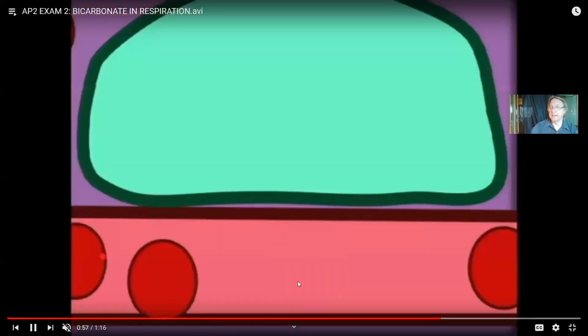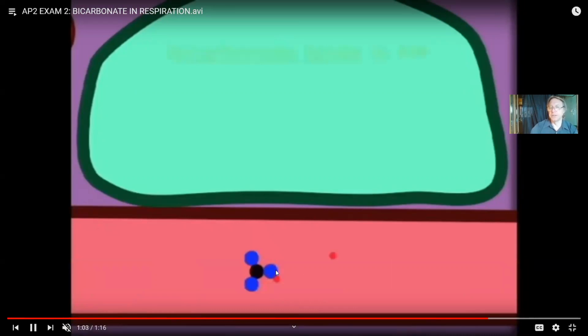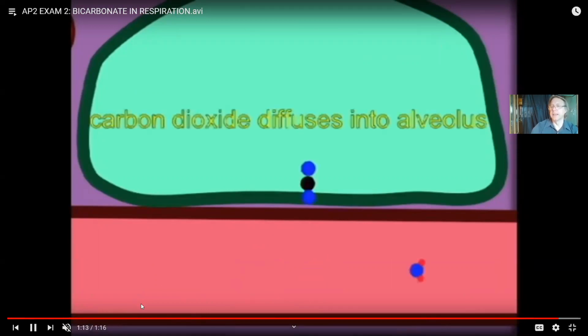Then when we get to the lungs in external respiration, what you just saw in the tissue was internal respiration. In external respiration, the bicarbonate binds to hydrogen ions, becomes carbonic acid. It dissociates again to become water and carbon dioxide, and then the carbon dioxide can go into the air sac and come out your nose.